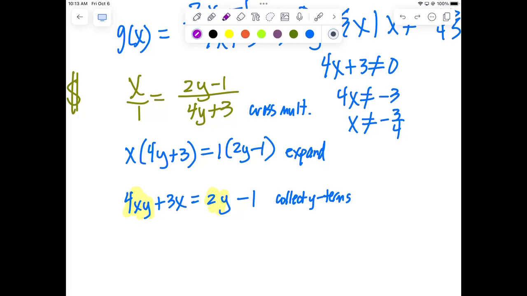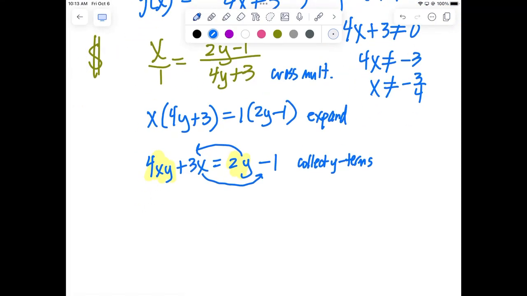I'm going to bring all the y terms over to the left, and I'm going to bring everything that doesn't have a y term over to the right. And remember, when you bring a term from one side of the equation to the other, all you have to do is change its sign. Just change its sign. So this becomes 4xy minus 2y equals negative 1 minus 3x.